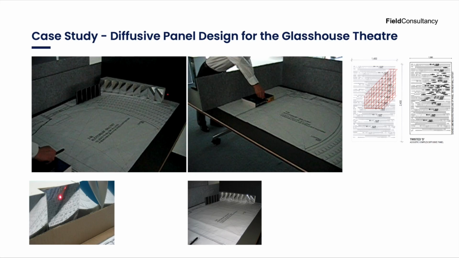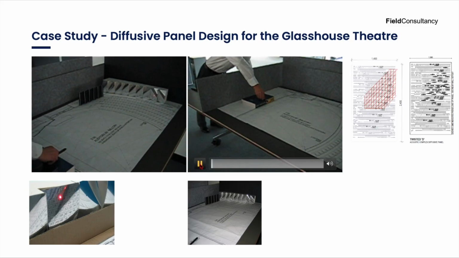The other camera angle is looking back towards the stage, so you can see when we scan the laser pointer across where we would get these problematic reflections of sound back towards the stage area. I'm going to play you these two videos and you can see where we get the red dots, or the reflections of sound, back towards the stage area and the audience area.